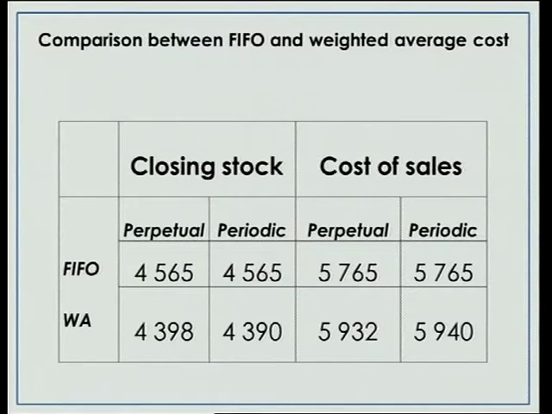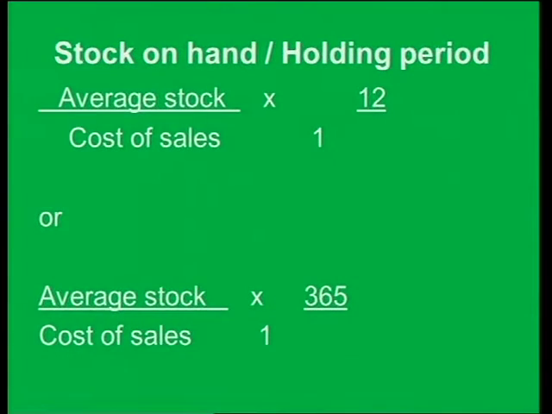Okay. And then let's just quickly look at this as well. These are the two ratios that you can use, that's often asked with these questions in the question papers. Stock on hand, or sometimes it's called the holding period. It's your average stock divided by the cost of sales. How do we get average stock?